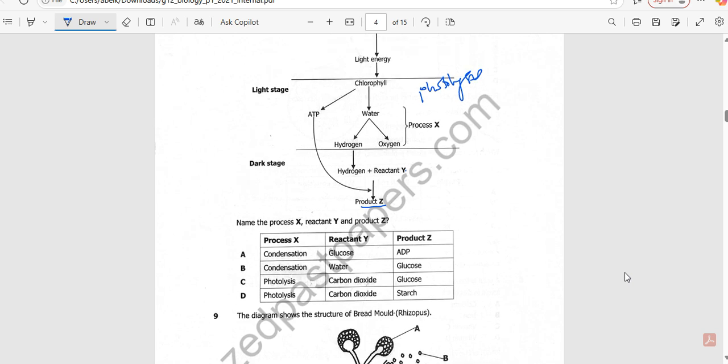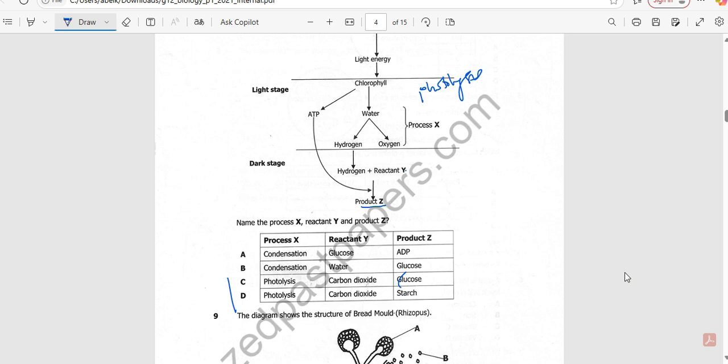Name the process X, reactant Y, and product Z. Looking at process X, it cannot be condensation. So we'll go with C and D first. We cut off the first answers which are completely false, A and B. So for the lysis, carbon dioxide. So the answer is being determined here.